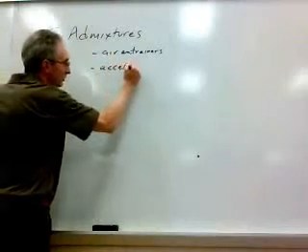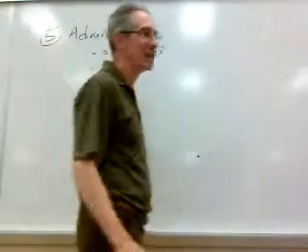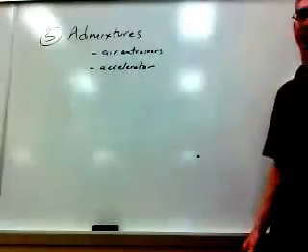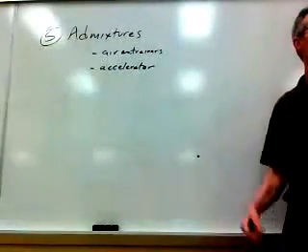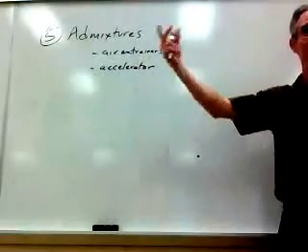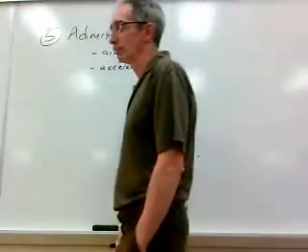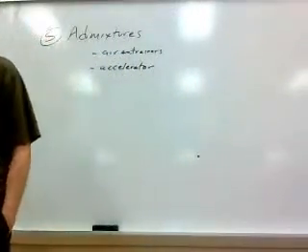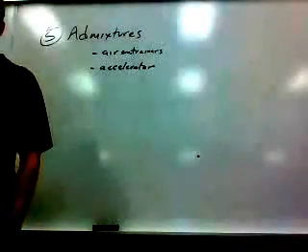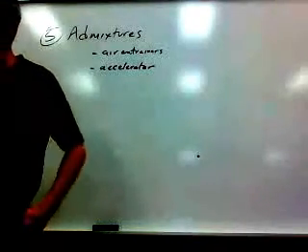There's admixtures that we call or act as accelerators. Okay, what do you think an accelerator would be? Something to speed up the process and make it harder. Yeah, speeds up the process of gaining strength, making it hard, things like that. So an accelerator. Maybe one common place to use it is when we have colder weather, because if we can accelerate the strength gain, then we don't have to protect the concrete that long.